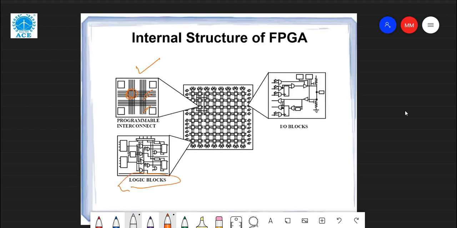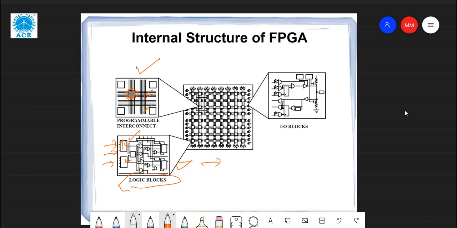Inside the logic blocks is the functionality consisting of AND, OR, flip flops, muxes and lookup tables. From this we can develop our inputs, whatever inputs we program, and those inputs will be connected to the other logic blocks.